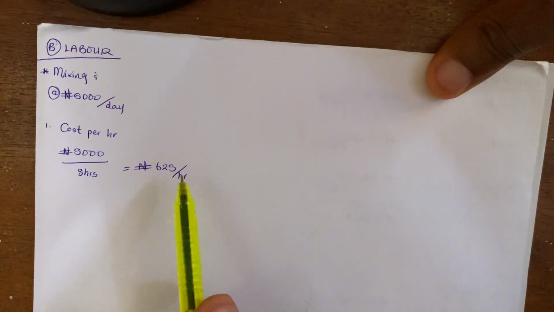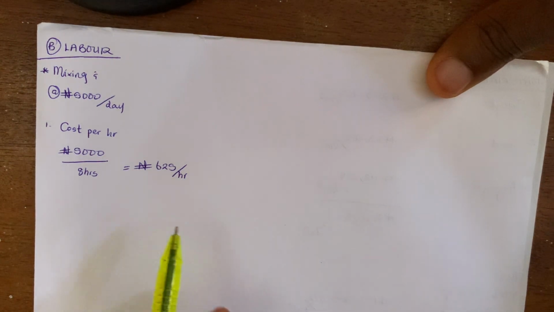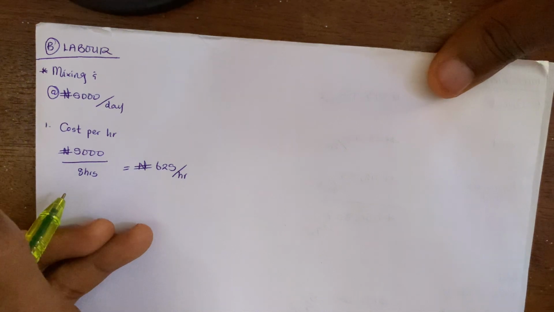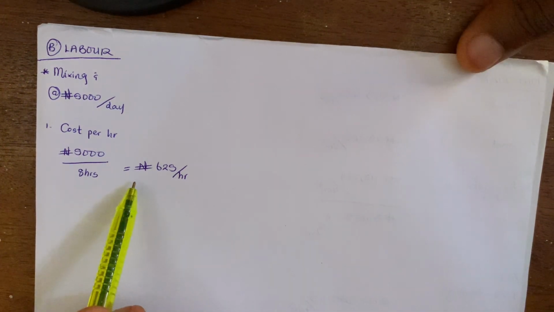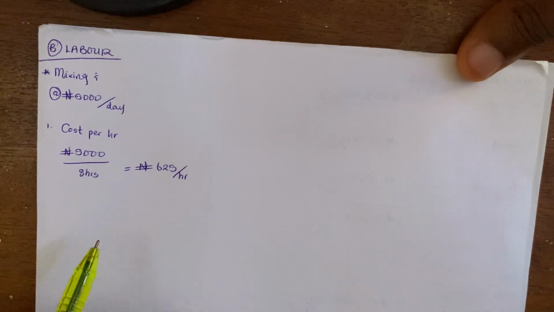So since we know the cost for our laborers per hour, we can now find what the total amount we have to pay 3 laborers to work for 4.5 hours would be.